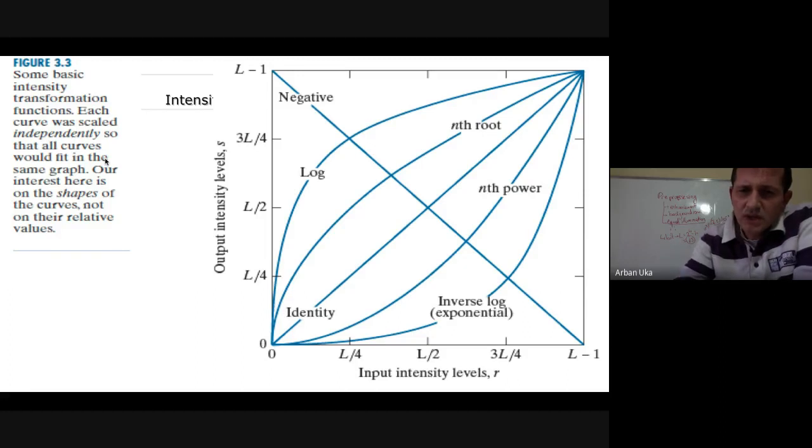All of the curves we see in this graph, in total 1, 2, 3, 4, 5, have a positive slope. We have 4 transformations with a positive slope, and the negative, which has a negative slope. We have a total of 6 functions which can be observed here.